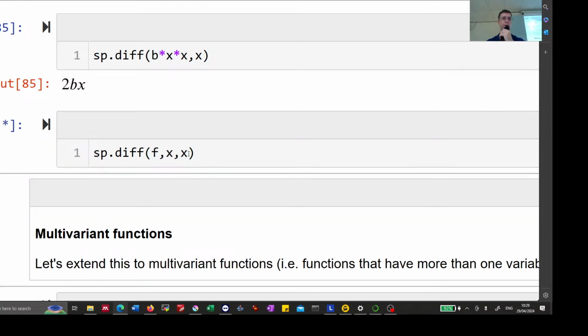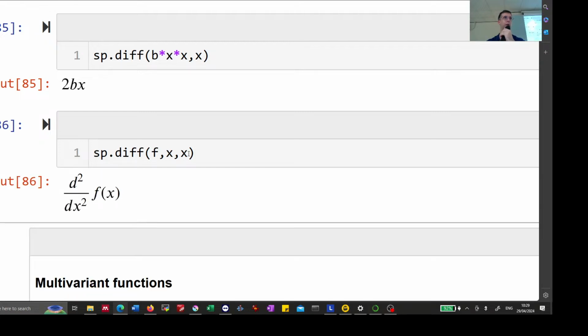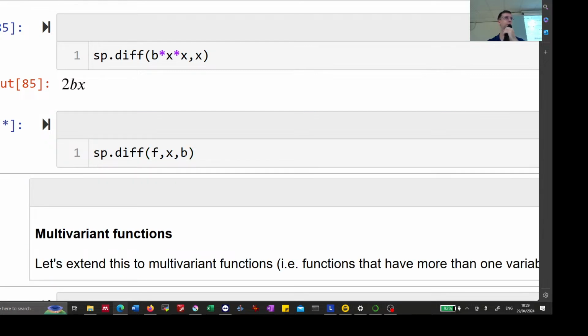So when my arguments are f, x, and x, I take the derivative of f with respect to x, and then I do it one more time. So that is d squared over dx squared of f. I can change it to b, right? But be careful, f does not depend on b.